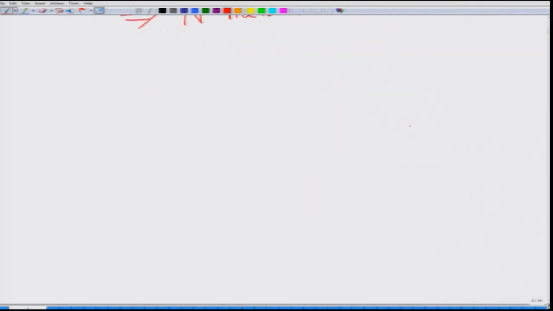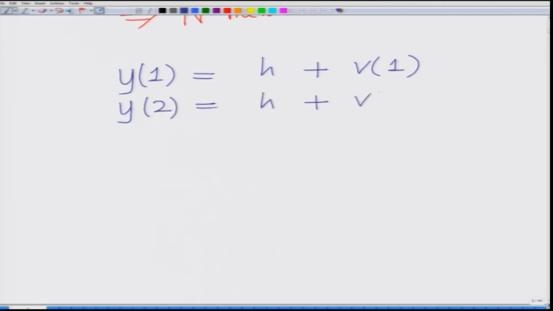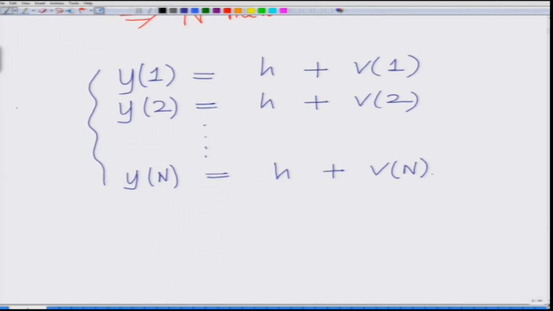So, the N measurements can be denoted as y1 equals h plus v1, y2 equals h plus v2, and so on, yN equals h plus vN. Okay. So, these are your N measurements.